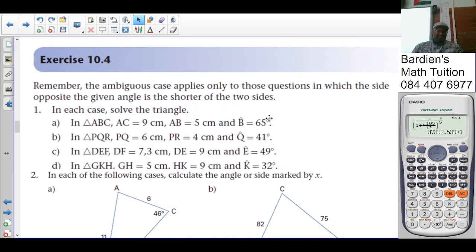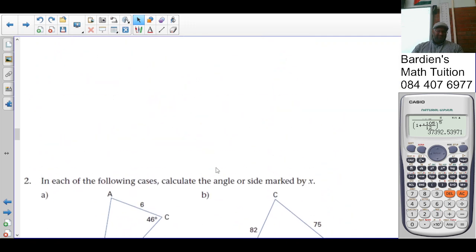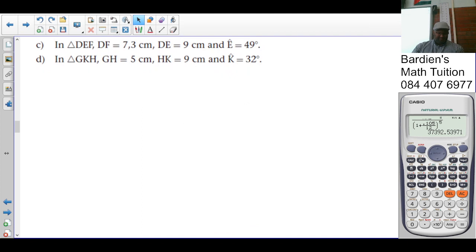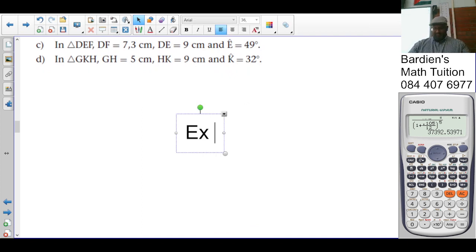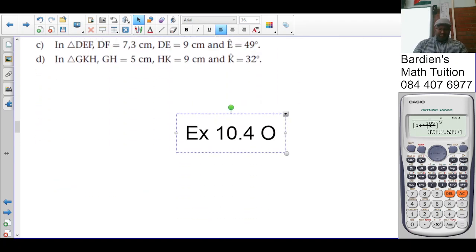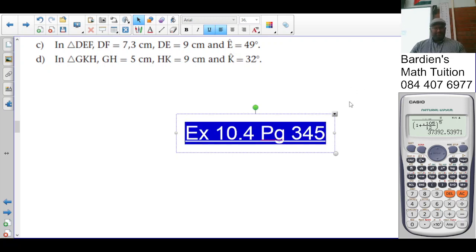1C. Okay, let's just take this down. This is exercise 10.4, on page 345.